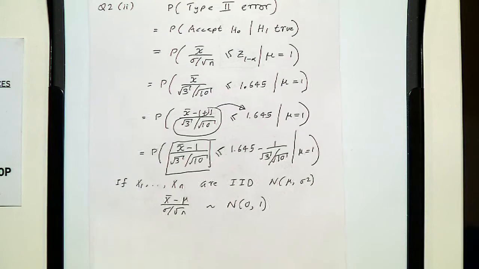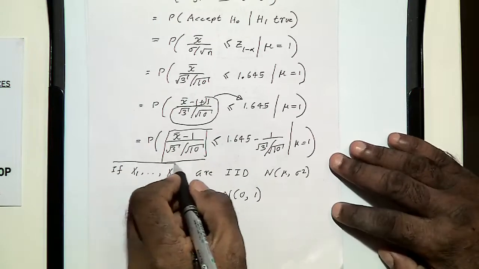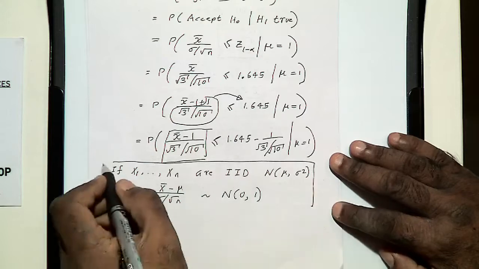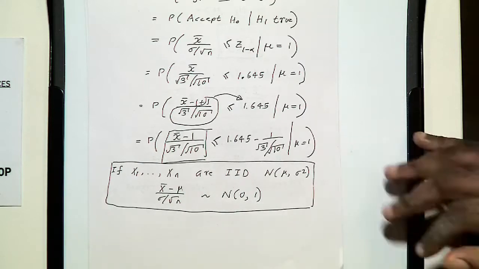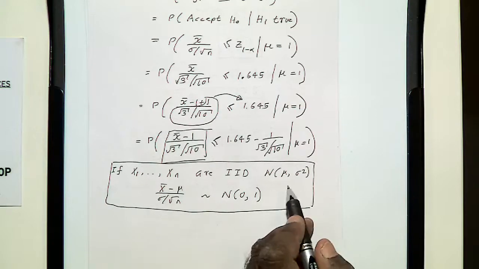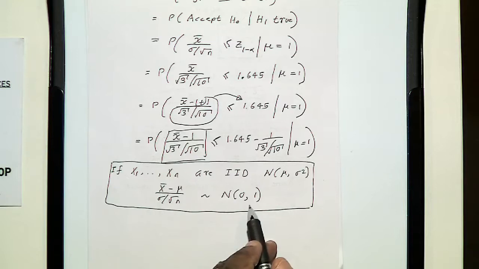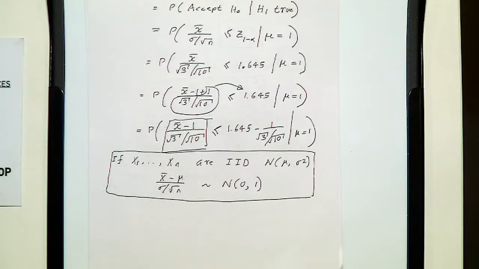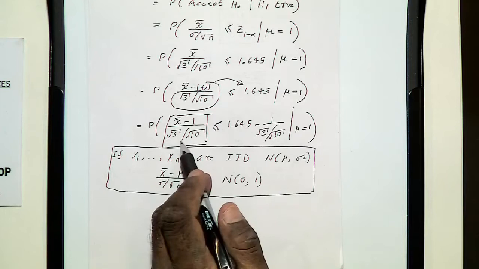I don't know whether you remember this, but if you don't, please look back on the video on the normal distribution. If you have a random sample from a normal with these parameters, then this quantity here is standard normal. So I'm going to use this. Conditional on mu equal to 1, this has a standard normal distribution.